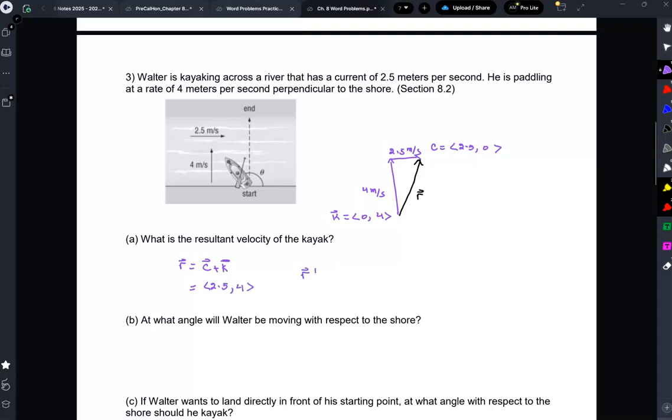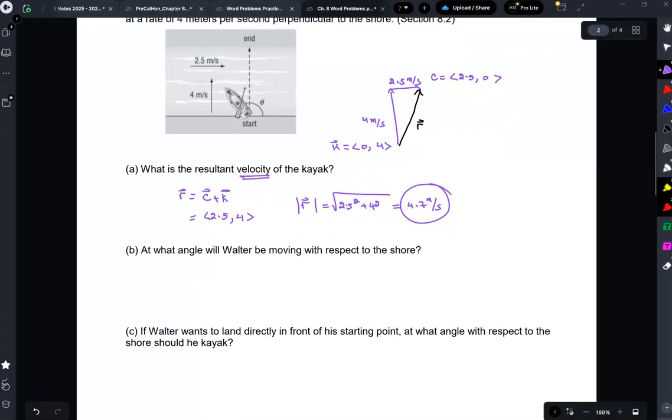And then what I want is the magnitude of the resultant. That's the resultant velocity, the magnitude. So that's the square root of 2.5 squared plus 4 squared. And I believe that will be 4.7 meters per second.